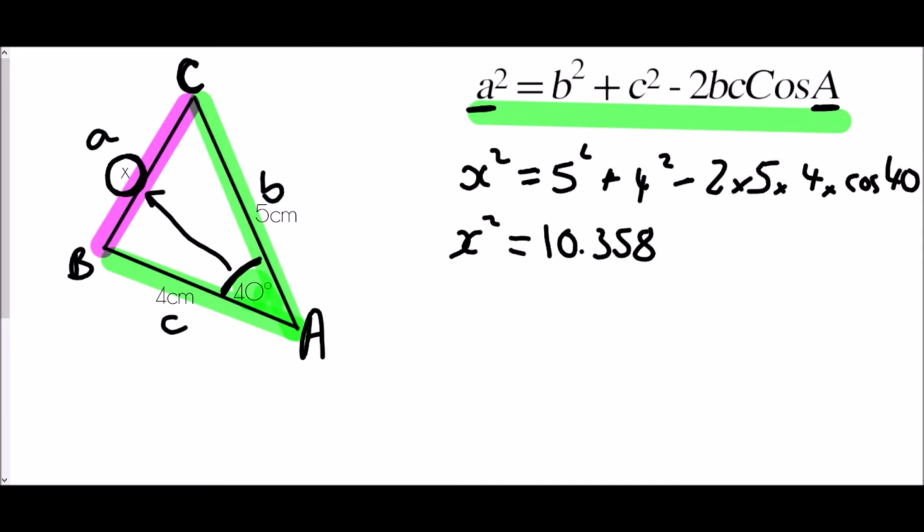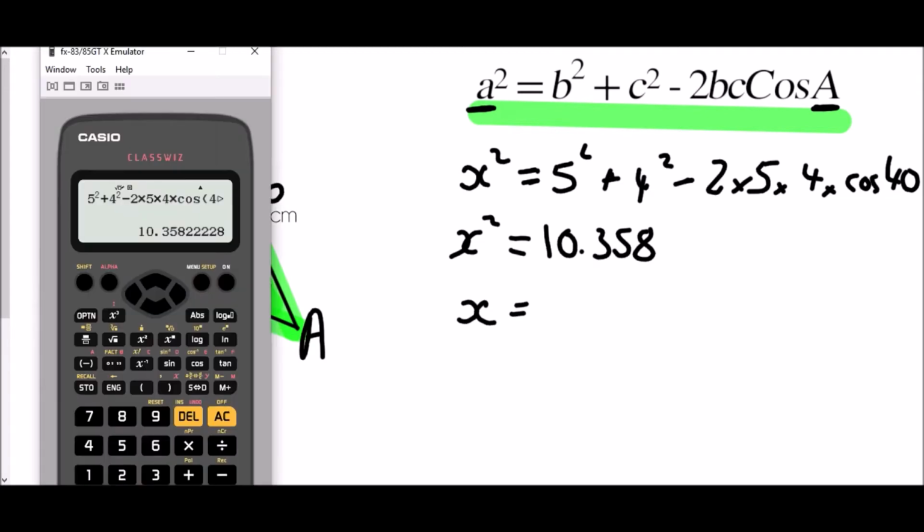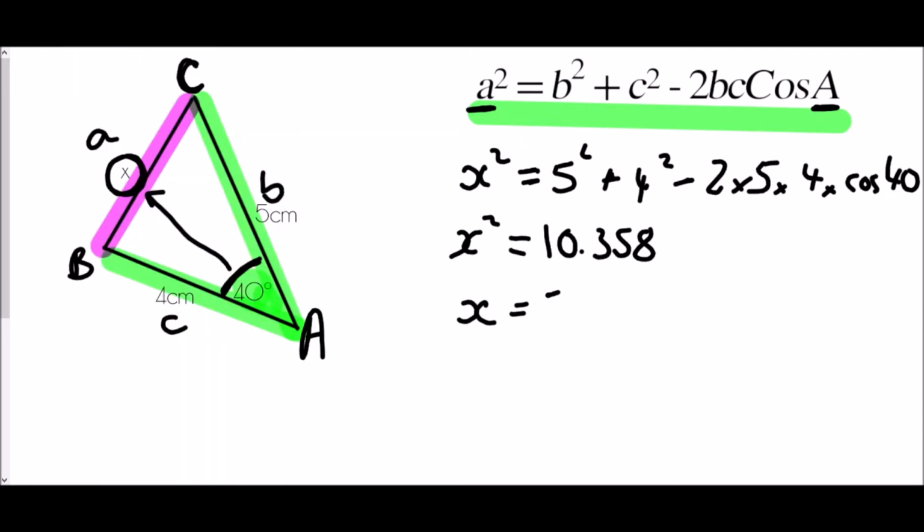We always have to remember that this is x squared, it's not the actual length. We do need to square root that answer, and so we come back to our calculator, square root answer, and we actually get 3.218. And if we have a look at the rest of the diagram, 3.218 looks like a much more sensible answer to the size of length x.